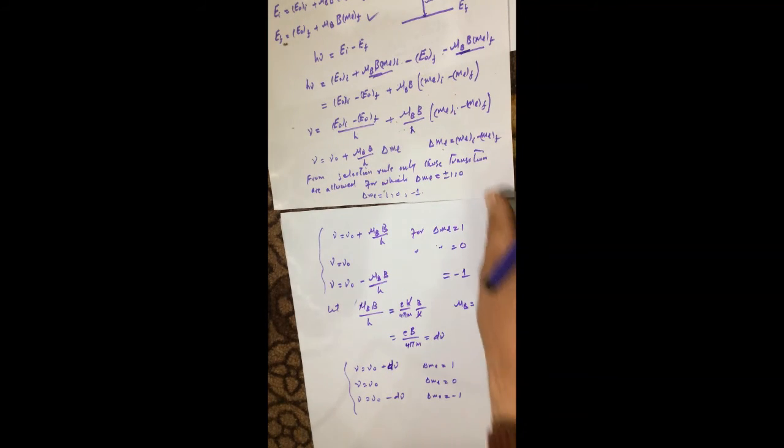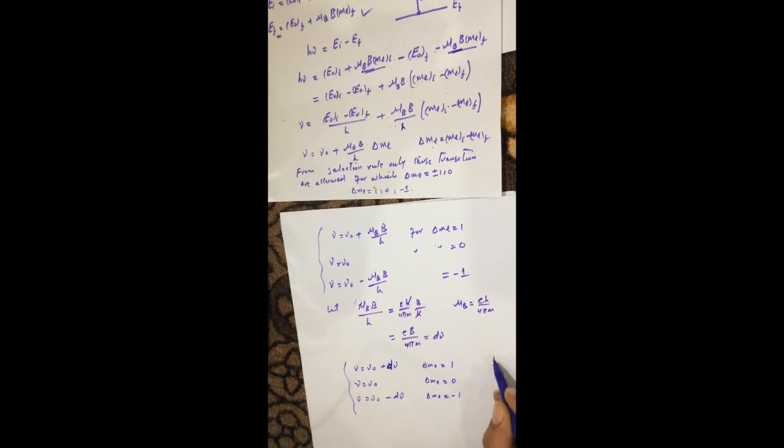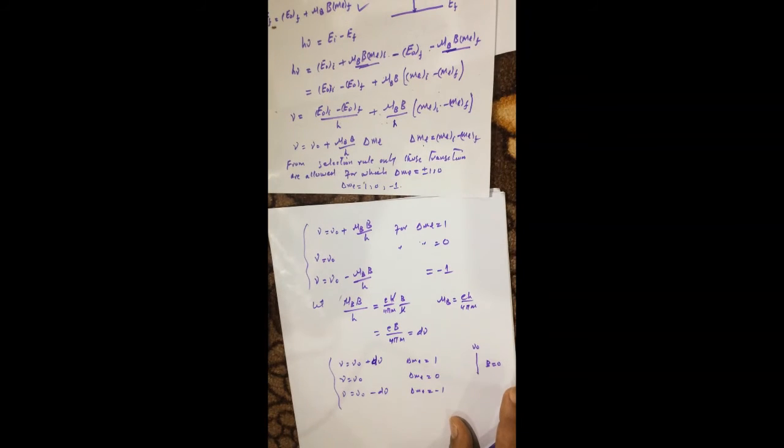So it means that initially we have just a single spectral line with frequency nu naught when B was 0, and once a magnetic field is applied, this single spectral line splits into three component lines.